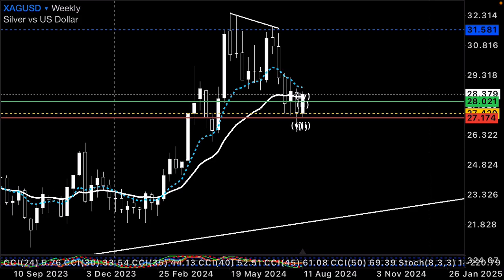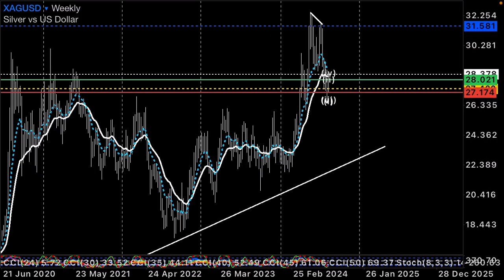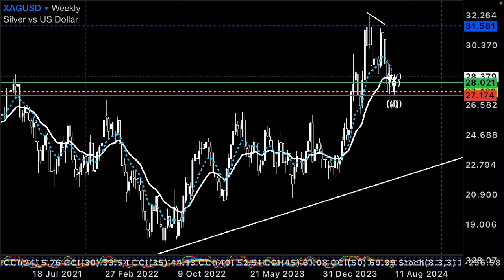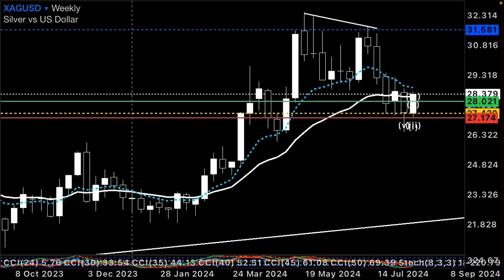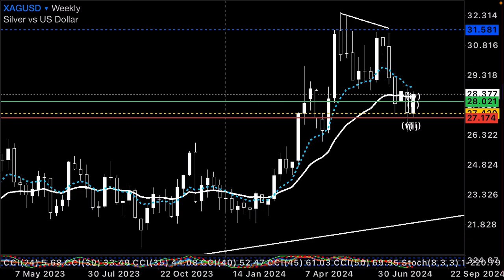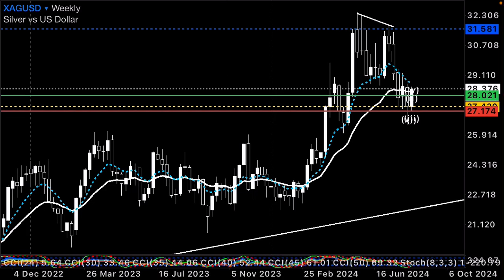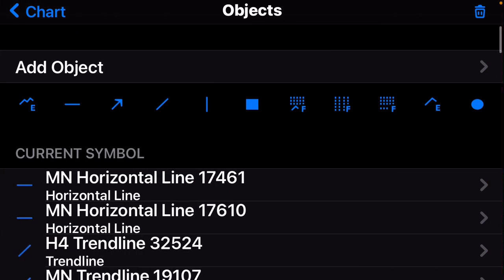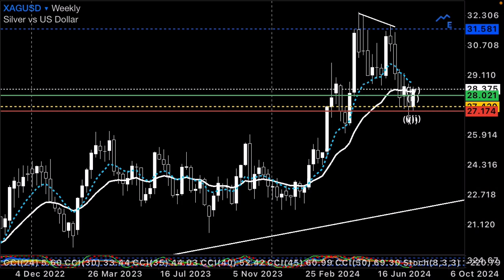And silver. Silver on the weekly, it kind of looks like an A wave wanting to come down, or this would be a 1, 2.